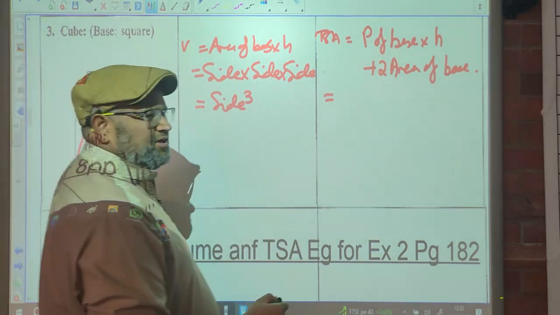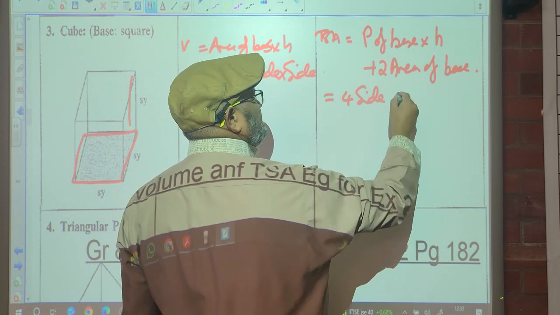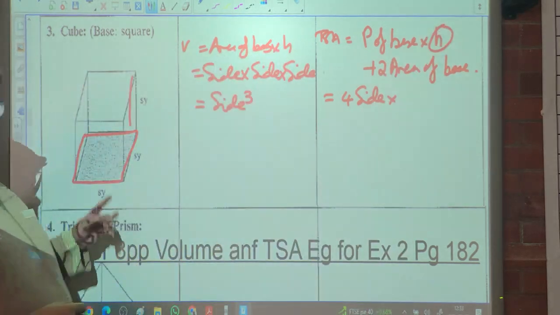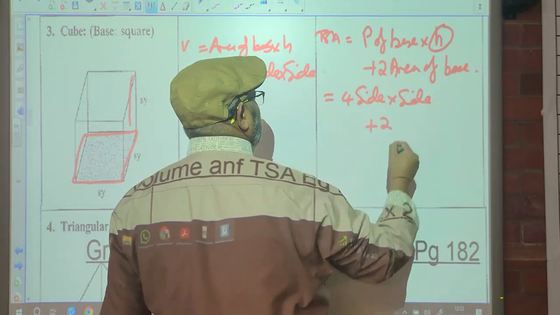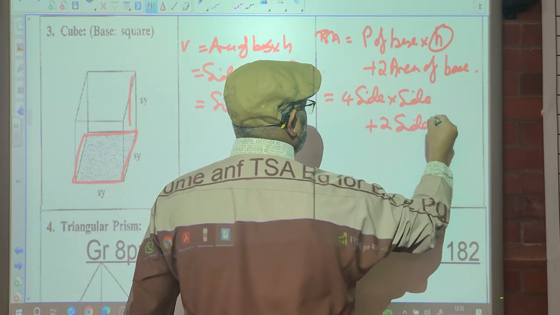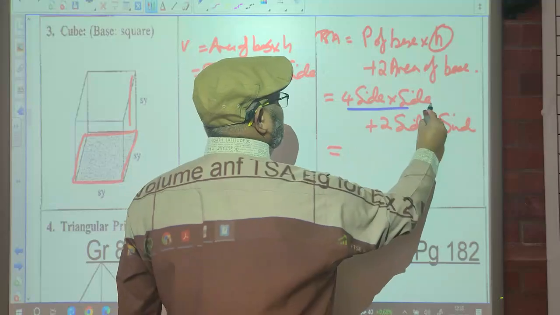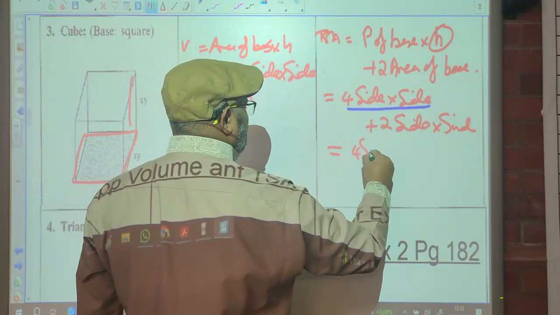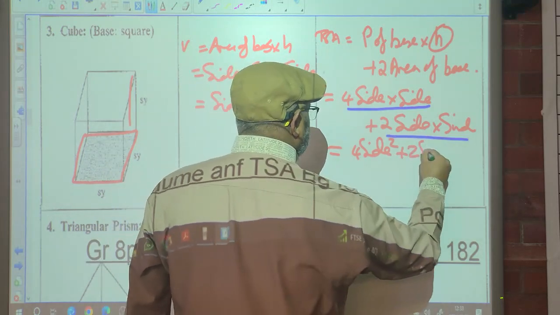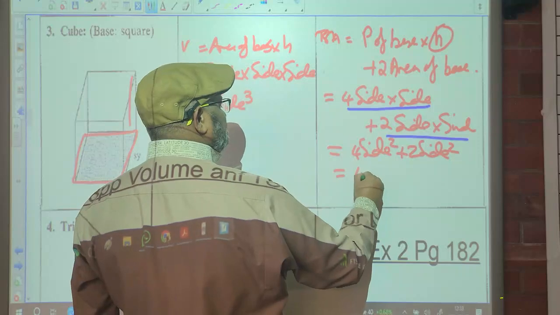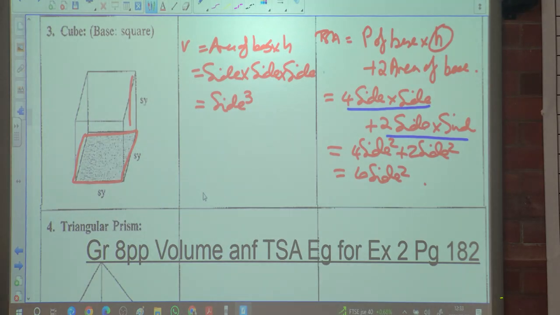How do you calculate the perimeter of a square? 4 times side, times the height, which is also a side, plus twice area of base, side times side. So what is 4 side times side? 4 side squared. What is 2 side times side? 2 side squared. Which gives you 6 side squared. Easy.